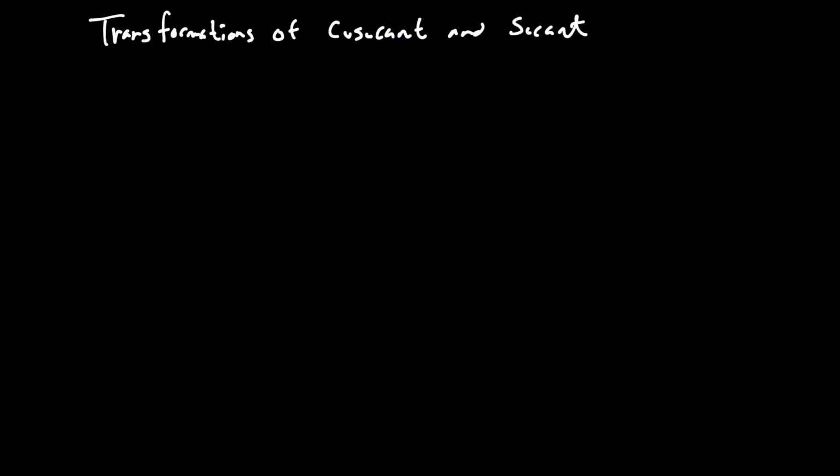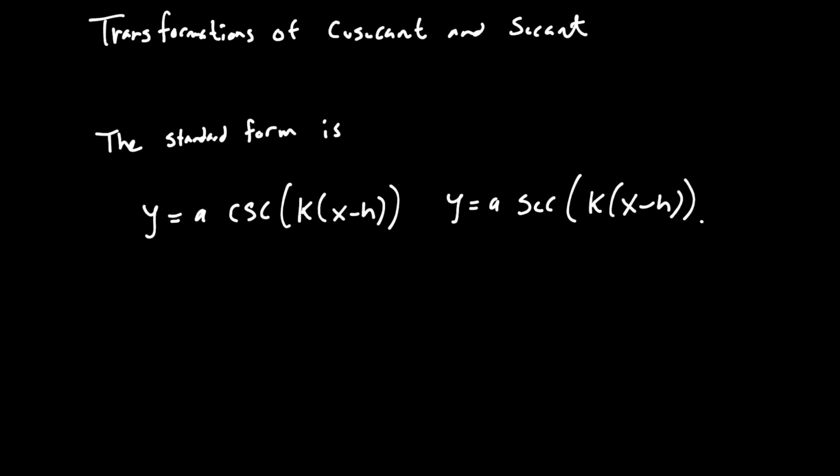Like sine and cosine, cosecant and secant have transformations that affect them in predictable ways. The standard transformations on these functions are given by the following equations. Again, this form tells us quite a bit about the transformations that affect these graphs. A is no longer called the amplitude, but it still affects our graphs by vertically stretching them.